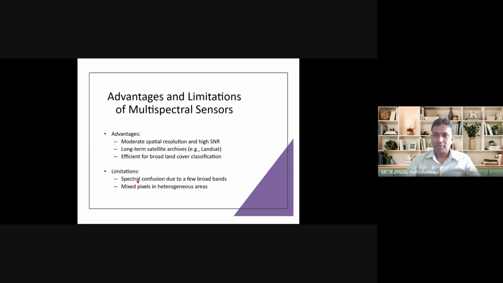So by analyzing those spectral range regions, we may be confused, and we may classify those areas as built up area or bare soil mistakenly. So mixed pixels also can happen in multispectral sensors. We have to keep that in mind when we use multispectral images.